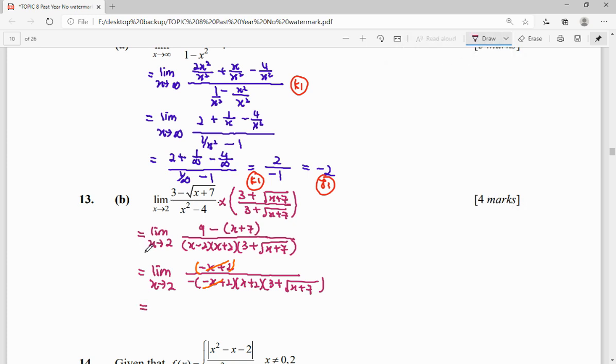limit. Substitute our x equals to 2, for the numerator, the limit is 1. The denominator will be 2 plus 2, and then 3 plus root 2 plus 7. So this will give us negative 1 over 24.